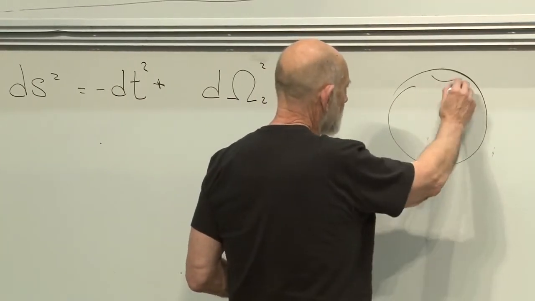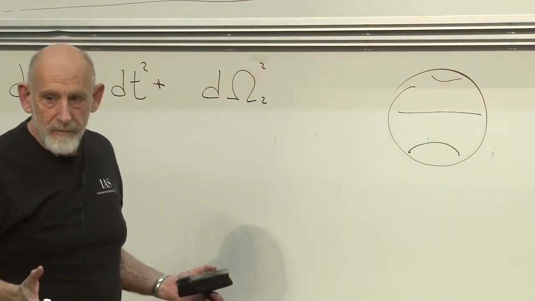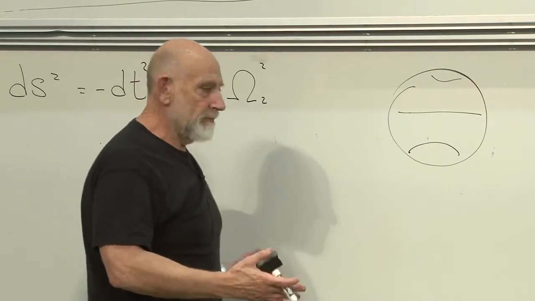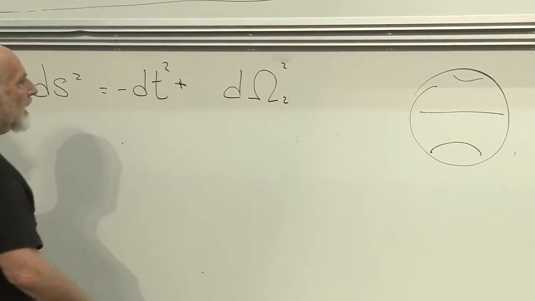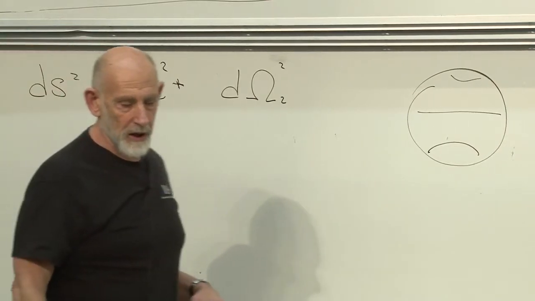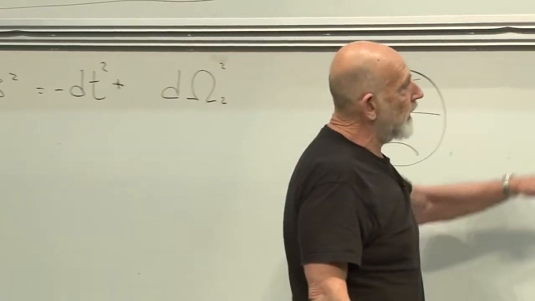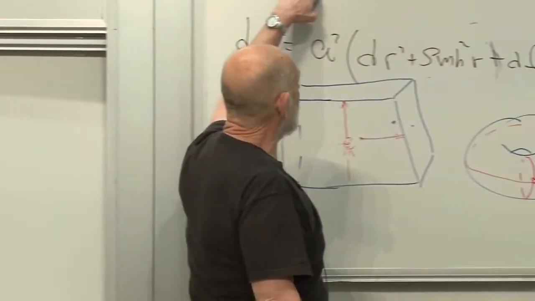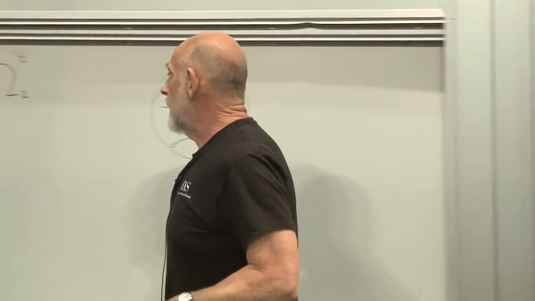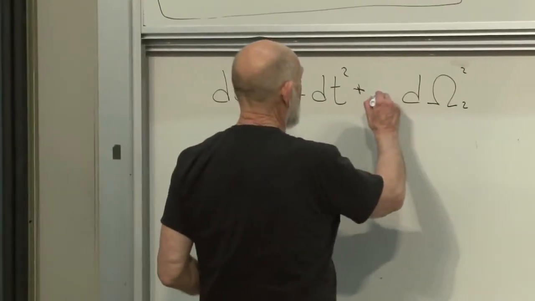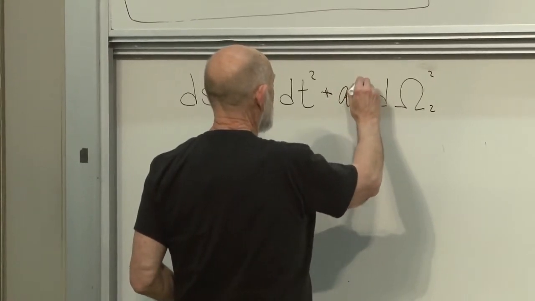Here's space, the usual thing, and then there's time. That's all, space and time. But we're going to allow for the possibility that the radius of the two-sphere changes with time, and that's easily done. We just remember to change the radius of the sphere, we include an a squared, where a is the radius of the sphere, but now we allow a squared to depend on time, a of t squared.